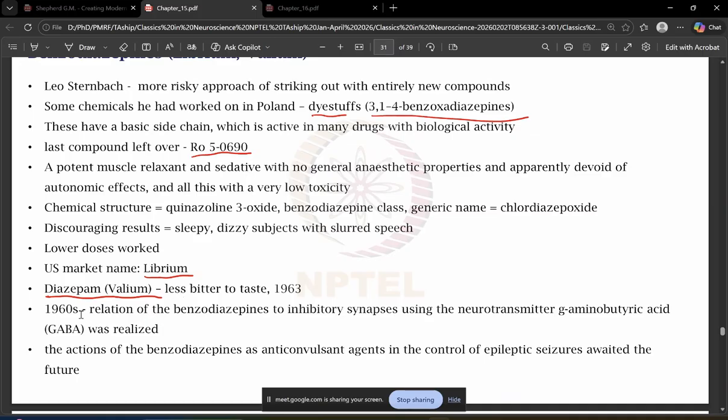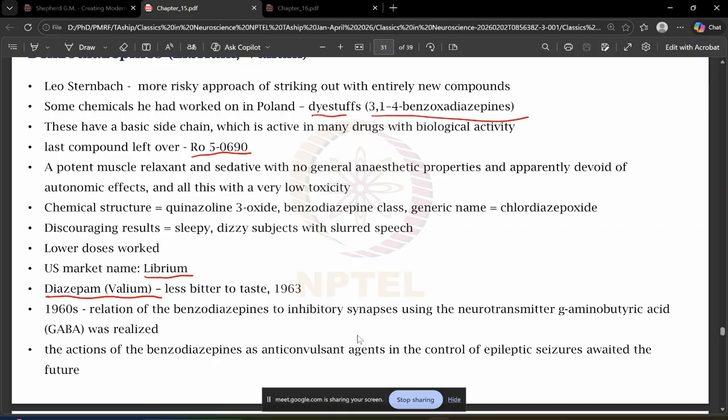Later in the 1960s, it was shown that the way the benzodiazepines work is actually because of their relation to inhibitory synapses using the neurotransmitter GABA.